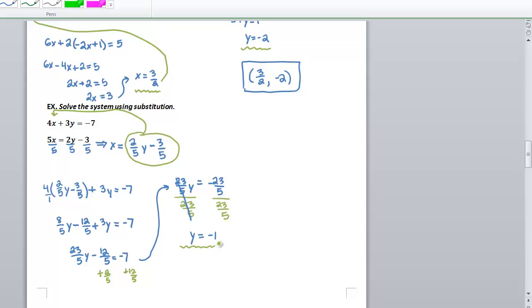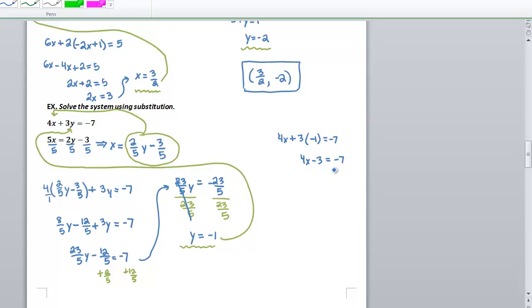Now that we have y, we can take that number and substitute it back into one of our original equations. Doesn't matter which one. We plug it back in so that we can then find x. So we write negative 1 in place of the y. Now let's work to solve this for x. 3 times negative 1 is negative 3.